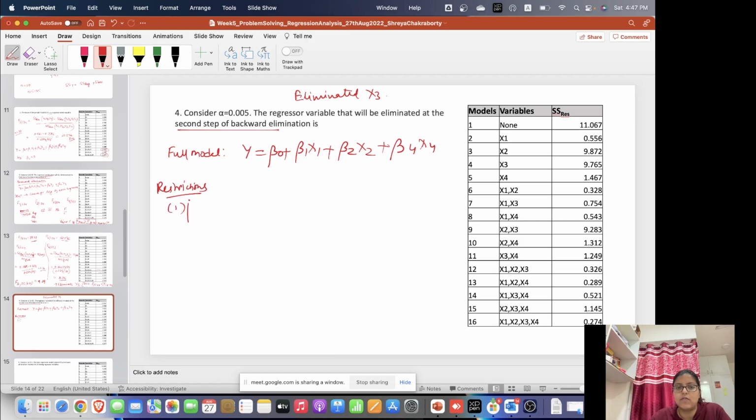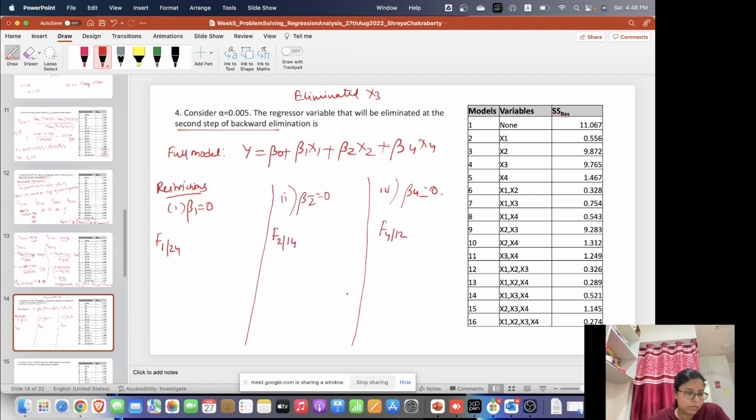In one case it would be beta 1 equal to 0, in the second case beta 2 equal to 0, and in the third case beta 4 equal to 0. So to test this we have to find beta 1 given 2, 4, beta 2 given 1, 4, and beta 4 given 1, 2.